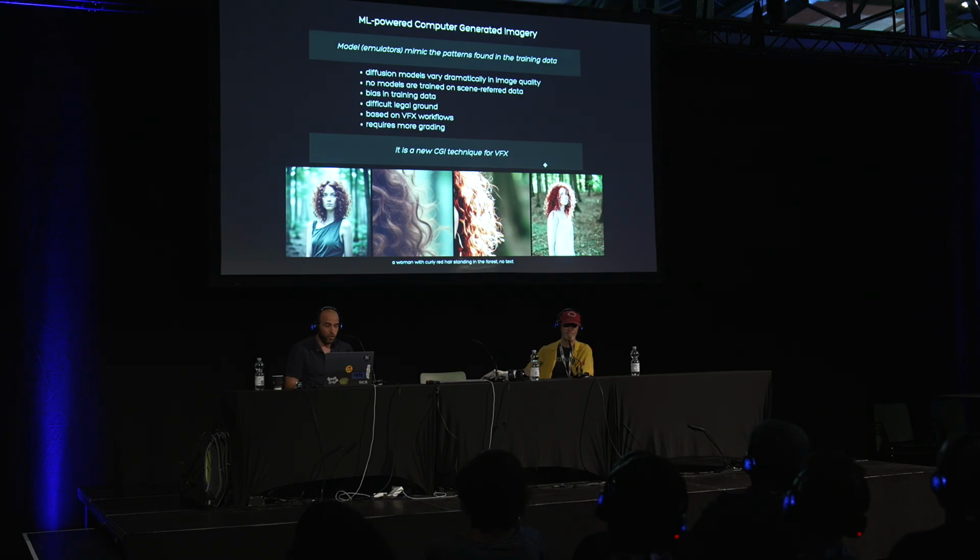The diffusion models that generate images vary dramatically in image quality, depending on the quality of the training data. If I take, for example, the same prompt, a woman with curly red hair standing in the forest, no text, and I use two models which were trained on two very different data sets, we can get very different results.